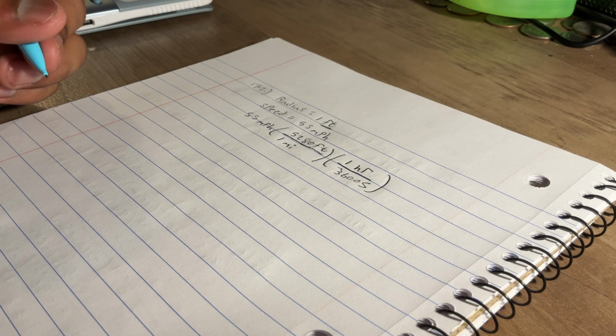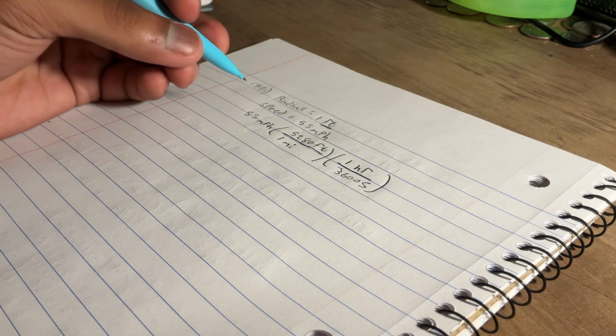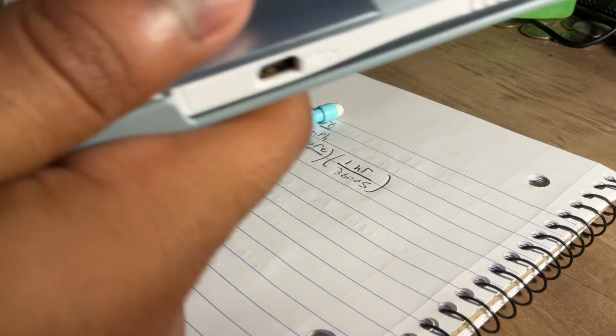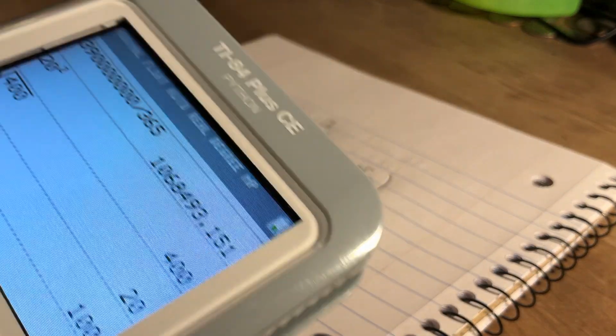So all you would really do is multiply everything in. So that's 55 times 5,280 over 1, multiplied by 1 over 3,600.